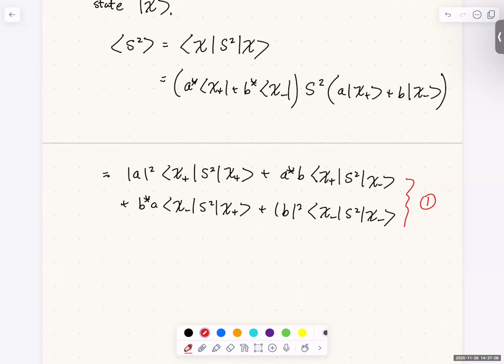But in general, this is the procedure that you'd have to follow. So finding the expectation value of s squared requires evaluating 4 inner products.